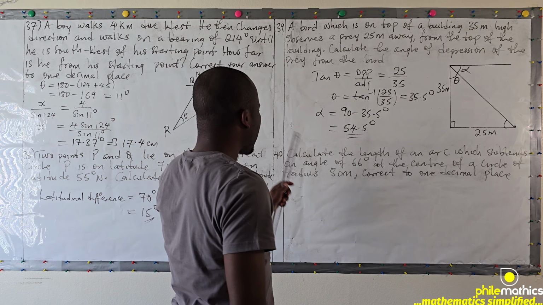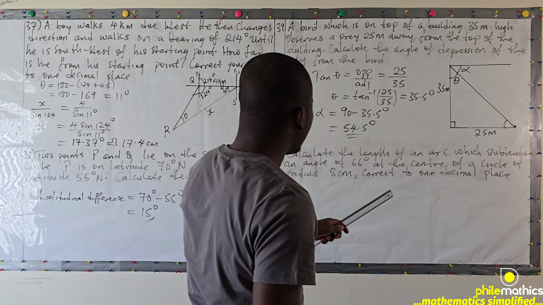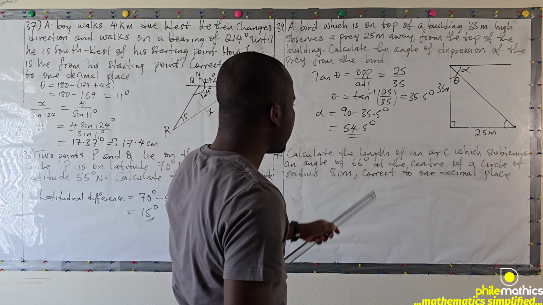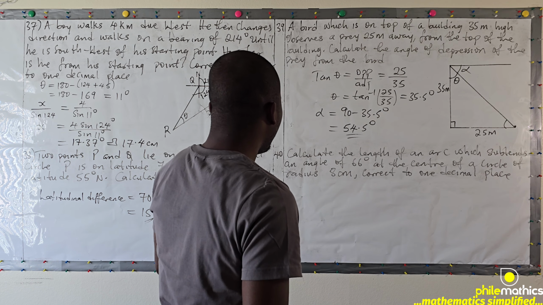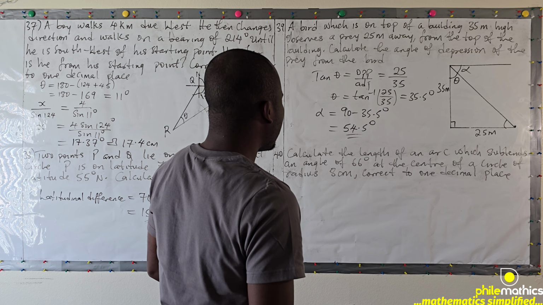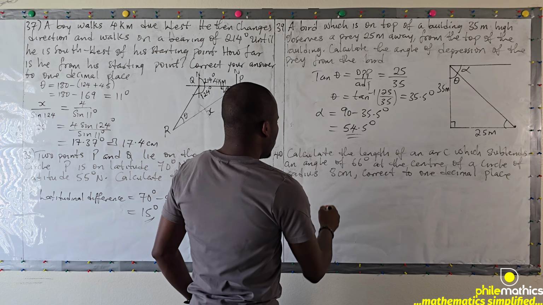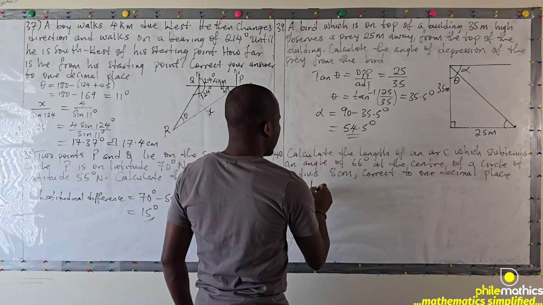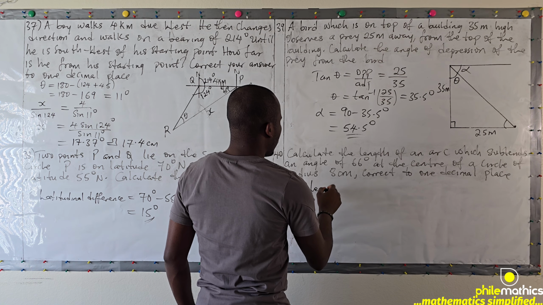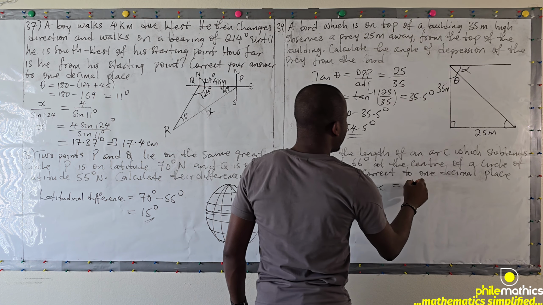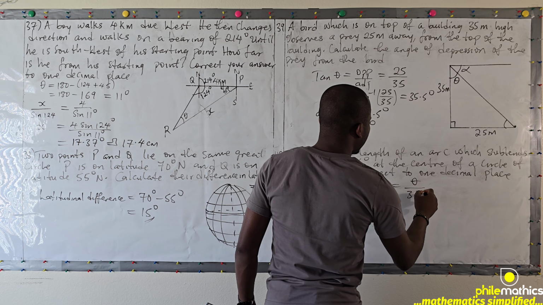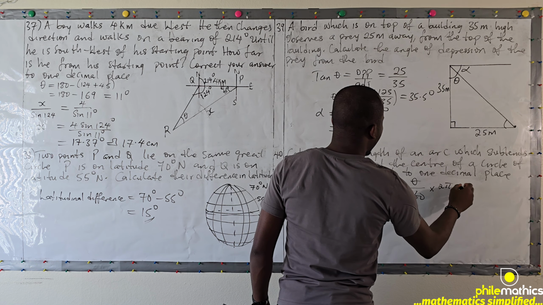40 says, calculate the length of an arc which subtends an angle of 66 degrees at the center of a circle of radius 8 cm correct to 1 decimal place. Remember, formula for length of an arc is simply theta over 360 times 2 pi r.